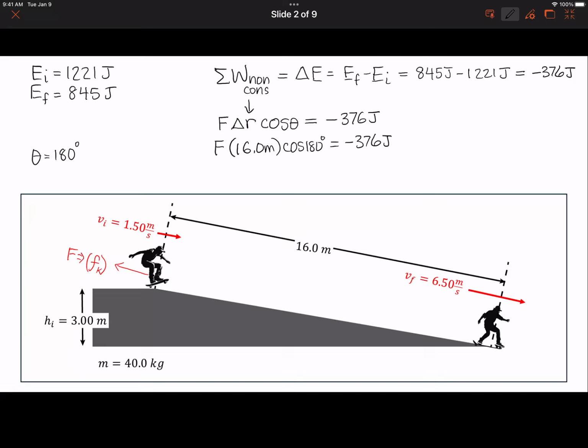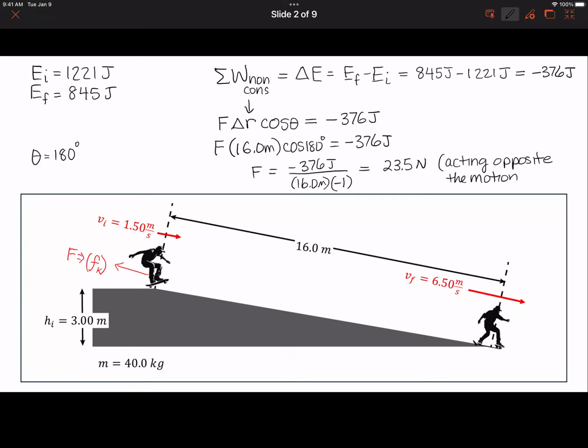So we can solve for the force. The force is just negative 376 divided by 16, and then cosine of 180 is -1. So we get that the force that's being applied is 23.5 newtons acting opposite the motion. This is the magnitude of the force.